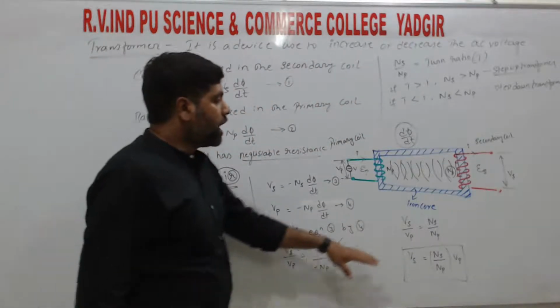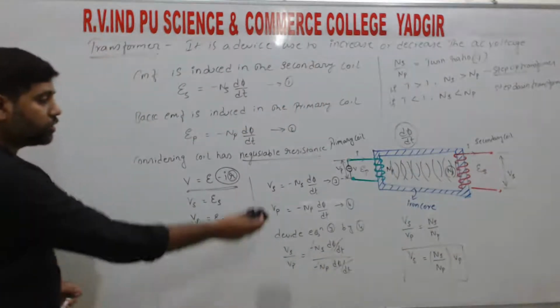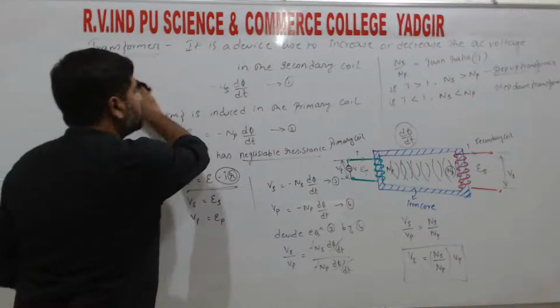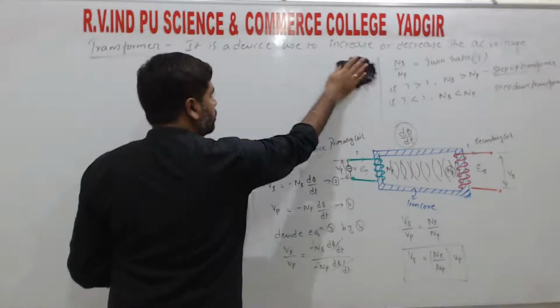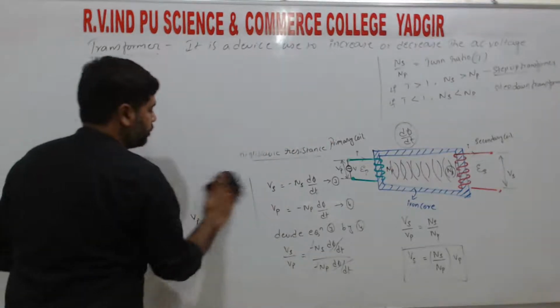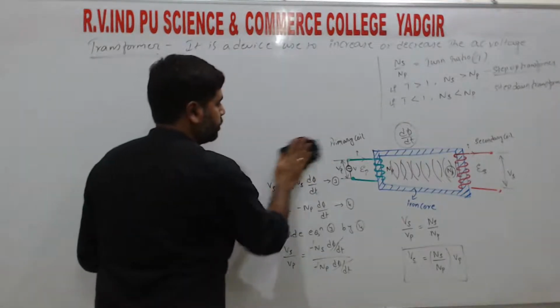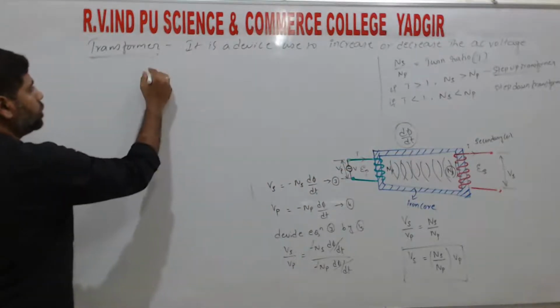So as we are getting the voltage, there should be a power loss because we are applying the AC source to the coil, right?